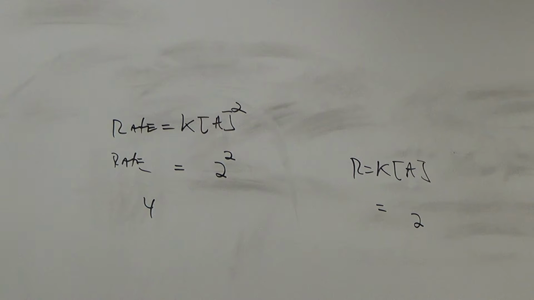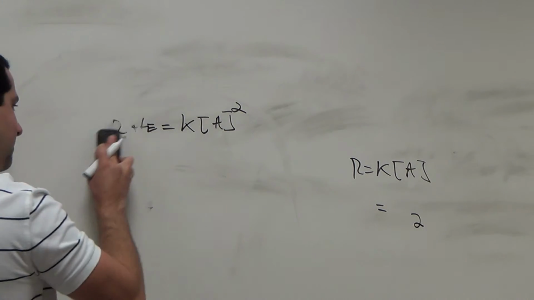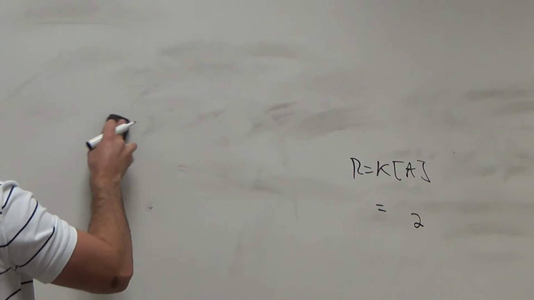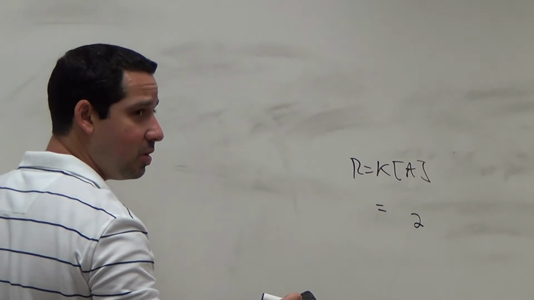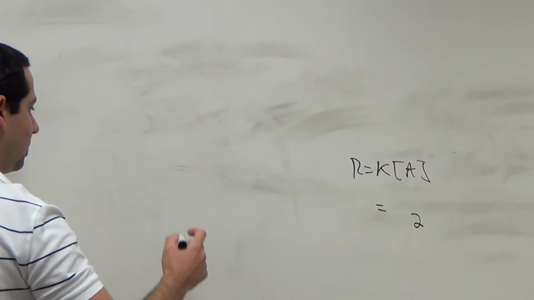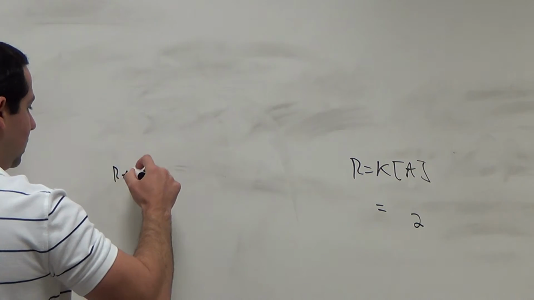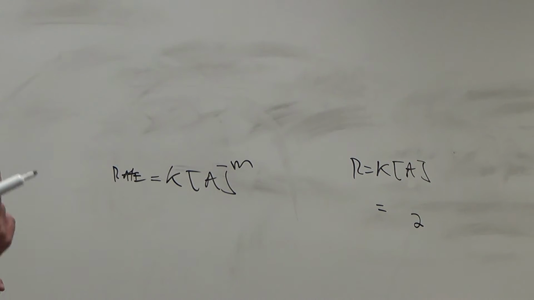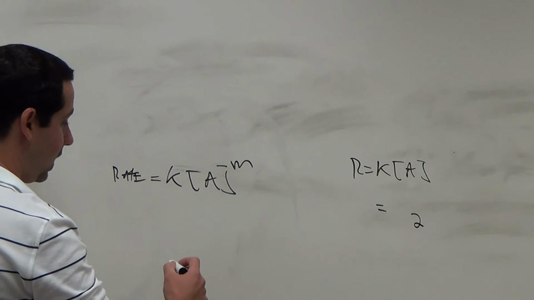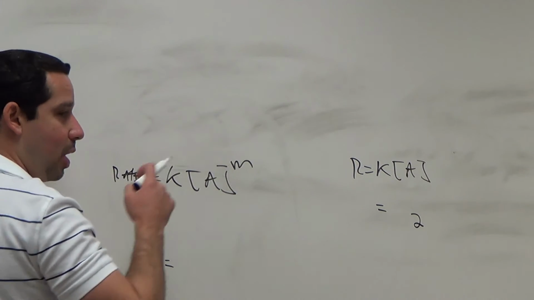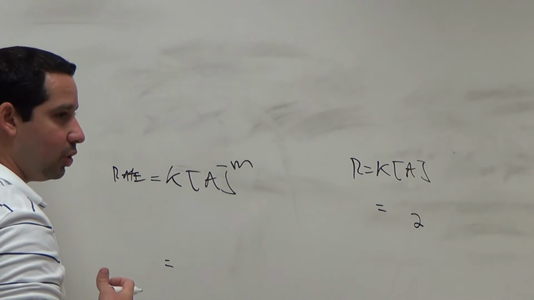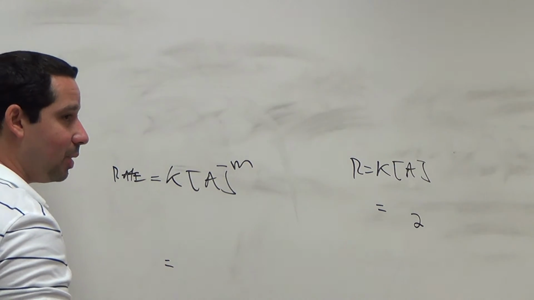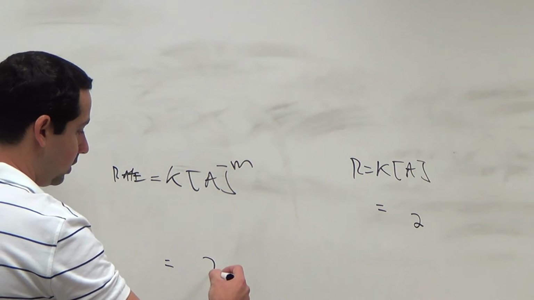So, guys, let's do it another way, okay? Because you guys seem to have a problem with this. The rate looks like this. This is the equation, yes? k times A raised to some power. Let's just do 1. And how do I find what this power is? I have to double the concentration, yes? And I look at what happens to the rate when I double it.